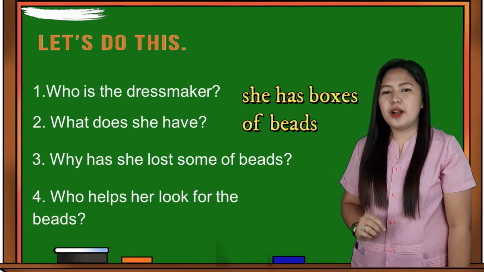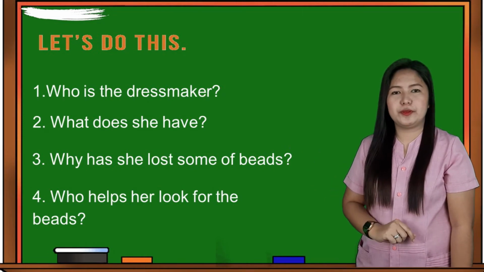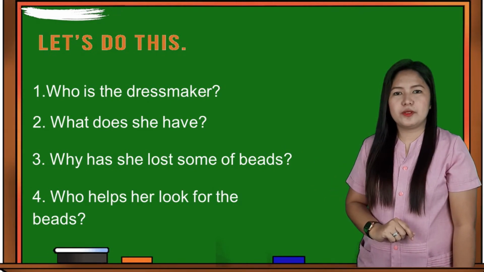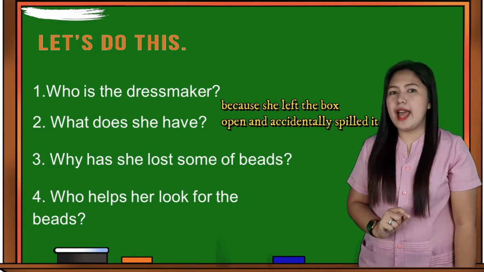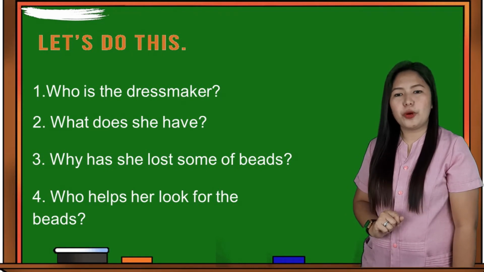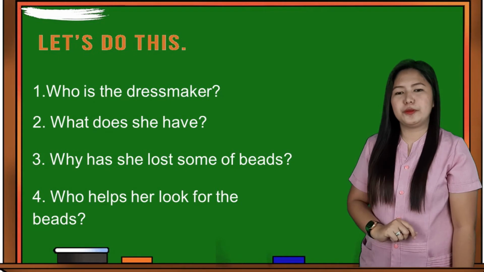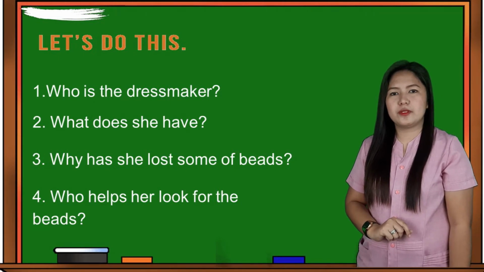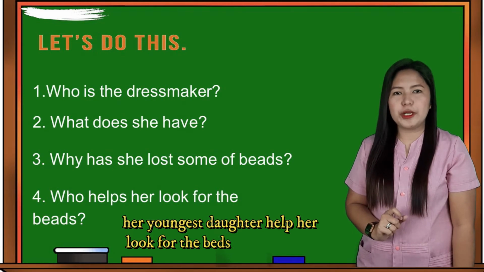Number 3. Why she has lost some of beads? Correct! Because she left the box open and accidentally spilled it. Number 4. Who helps her look for the beads? Awesome! Her youngest daughter helped her look for the beads.